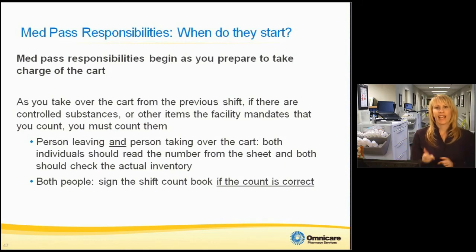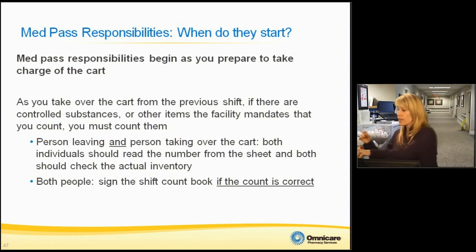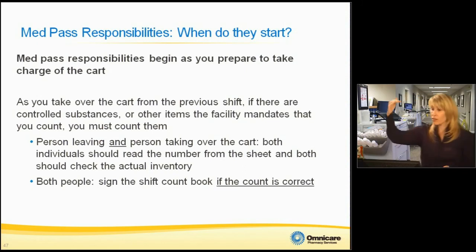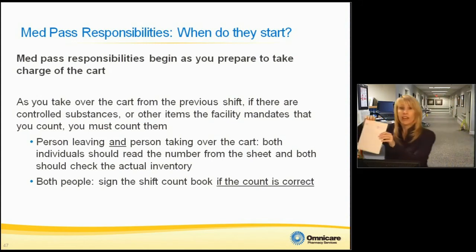The person who's leaving and the person who's taking the cart over both should count. And I don't mean the person leaving counts and leaves, and the other person comes in and counts and says, okay, I verified that. You count together. You both read the count list to make sure the declining inventory is accurate as you compare it to the medication blister pack or whatever you have.